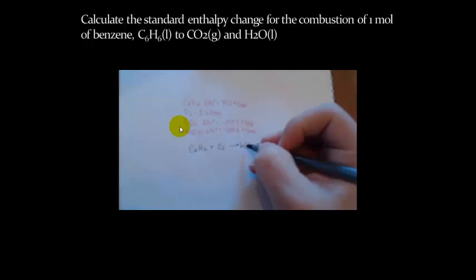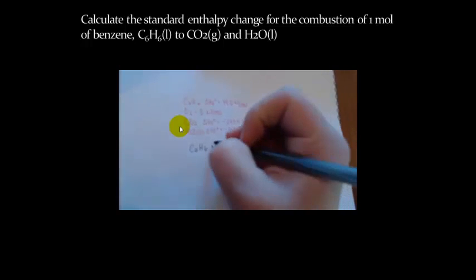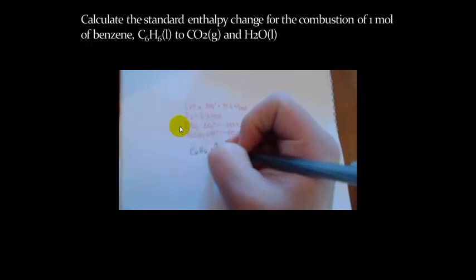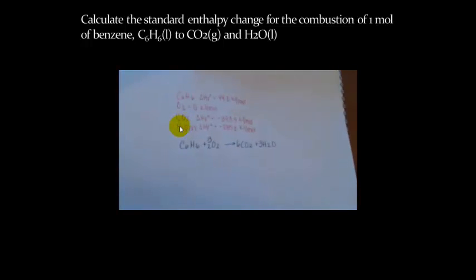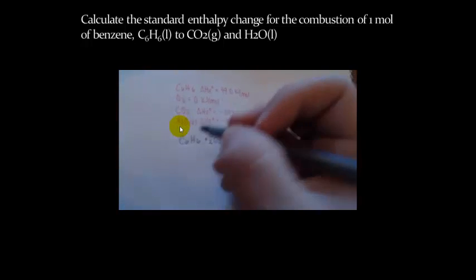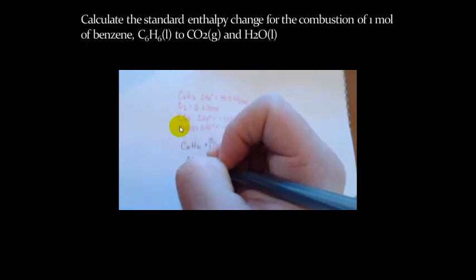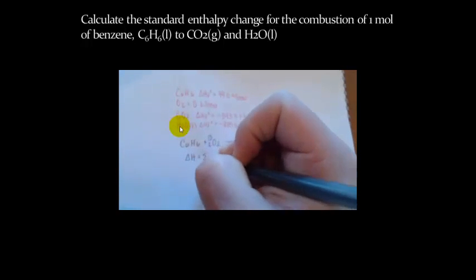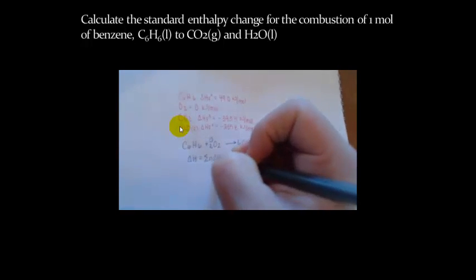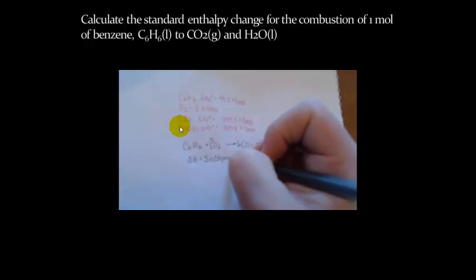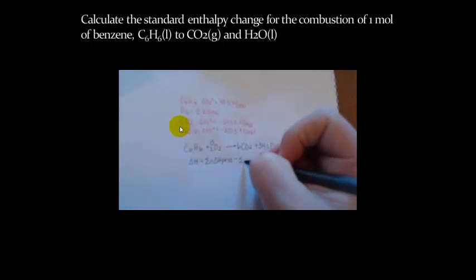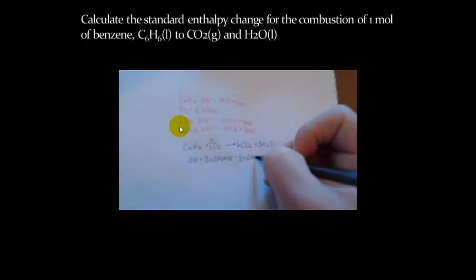So remember, combustion, you add oxygen. Then we're going back to balance. Okay, now we have to take the sum of the moles times the delta H of formation of the products minus the sum of the moles times the delta H of formation of the reactants.